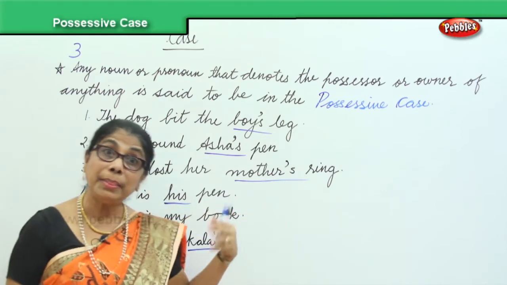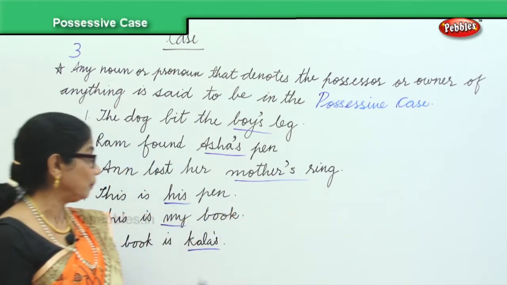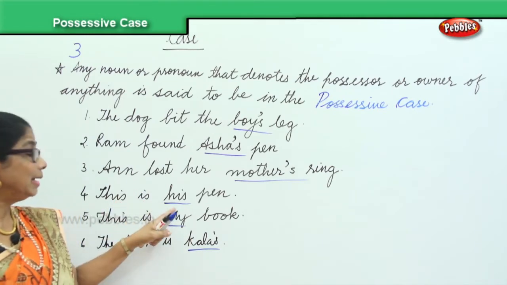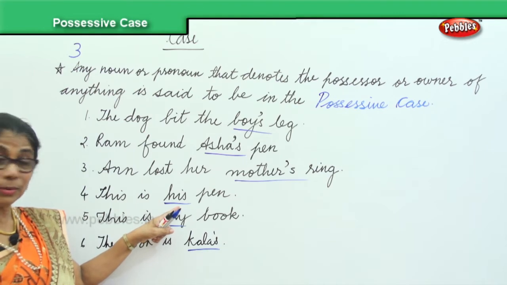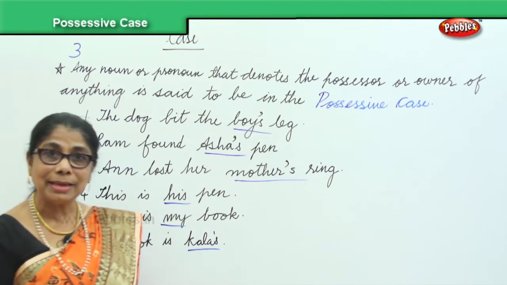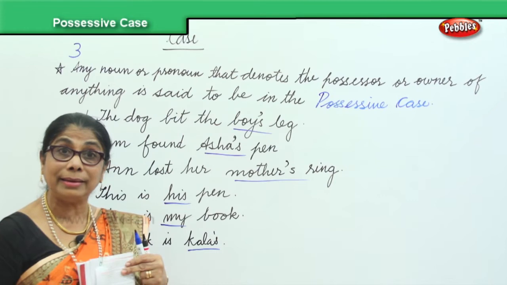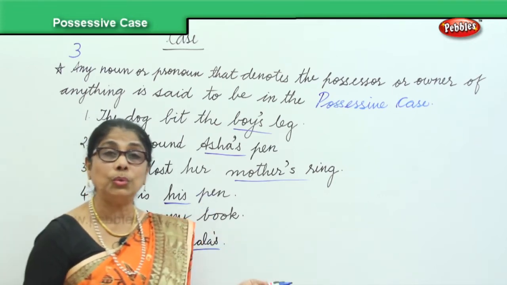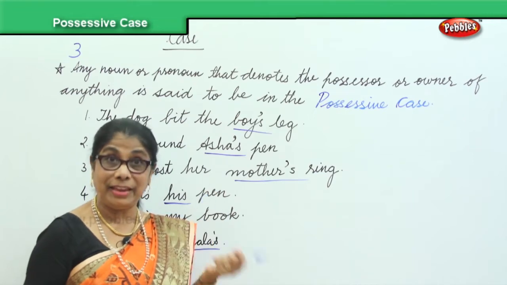Anne lost mother's. It belongs to mother. Then, whose pen is this? His pen. He is the owner. Whose book is this? Mine. This book is mine. And whose book is this? Kala's, the one who owns. The possessive case is very, very easy.